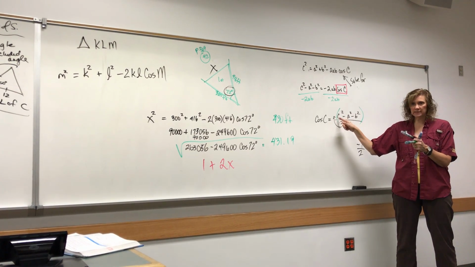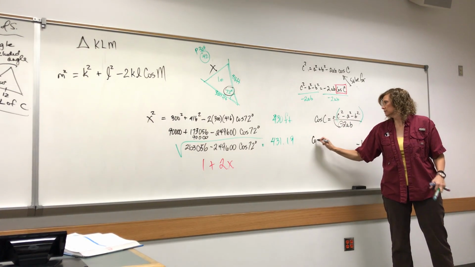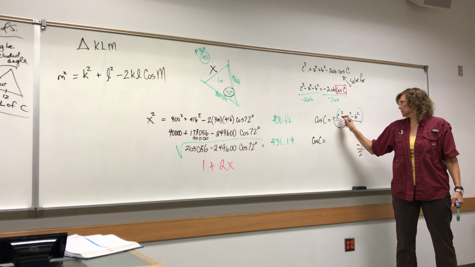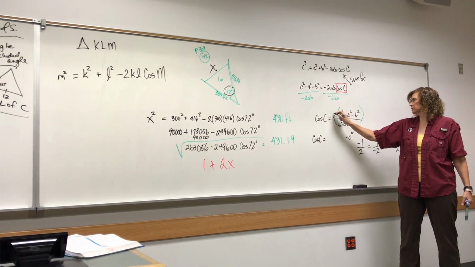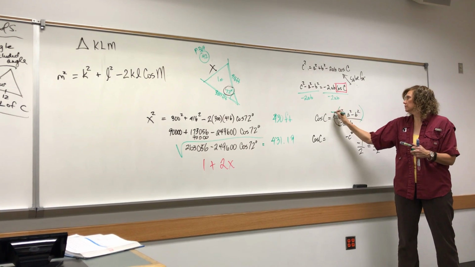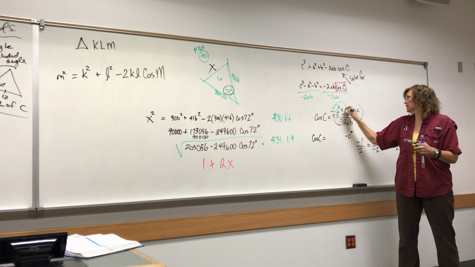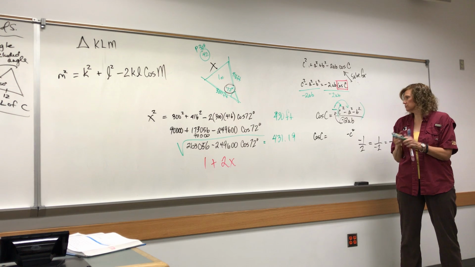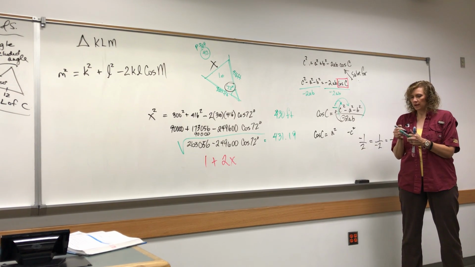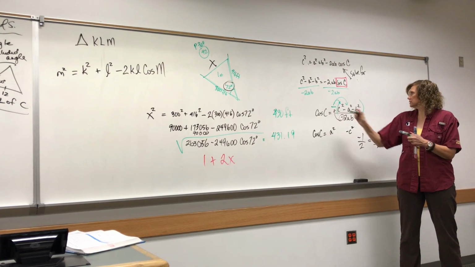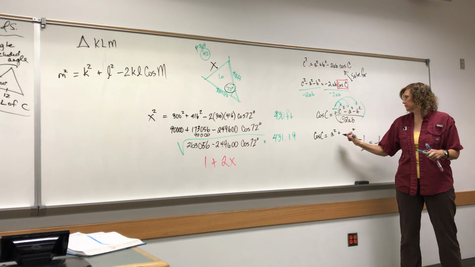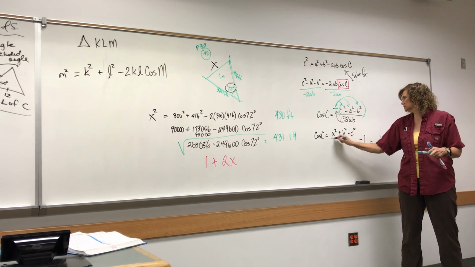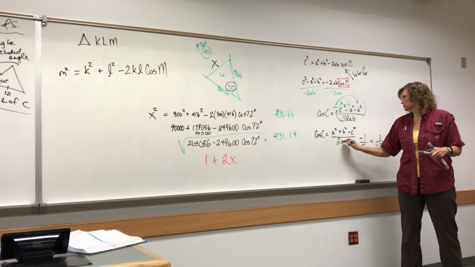So c squared is now going to be negative, minus c squared. When I distribute this negative, my a squared becomes positive, and my b squared becomes positive as well. A squared plus b squared minus c squared over 2ab.